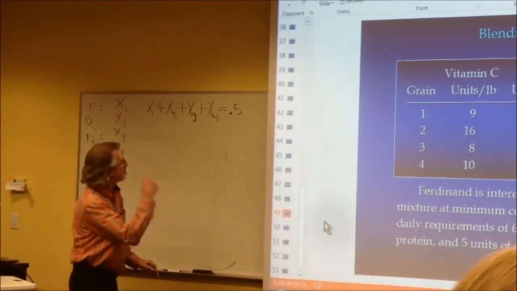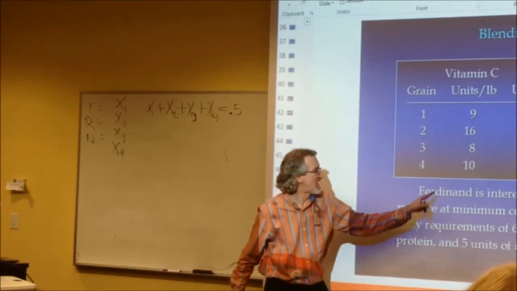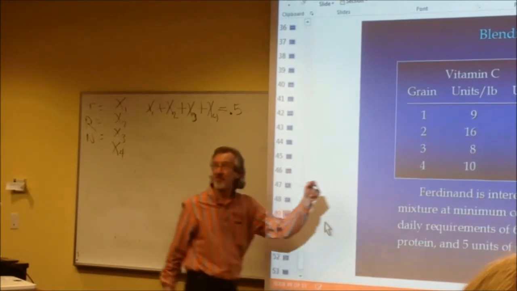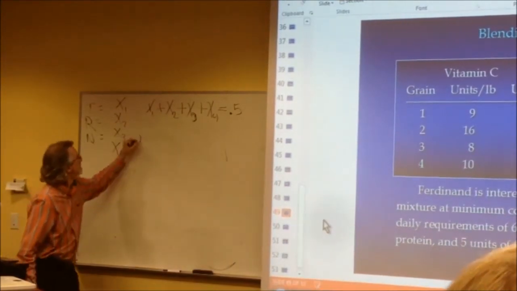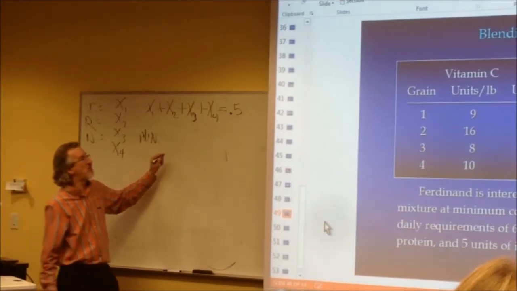Now, are you ready? Let's talk about this sentence. The 8-ounce mixture has to be at a minimum cost. Let's go with that now. Objective function, max or min? Min. I've got to turn the variables into money. X1, what do I do with that?